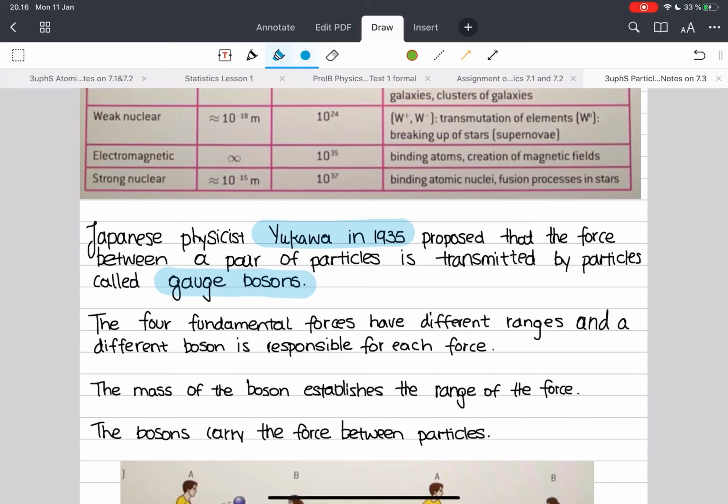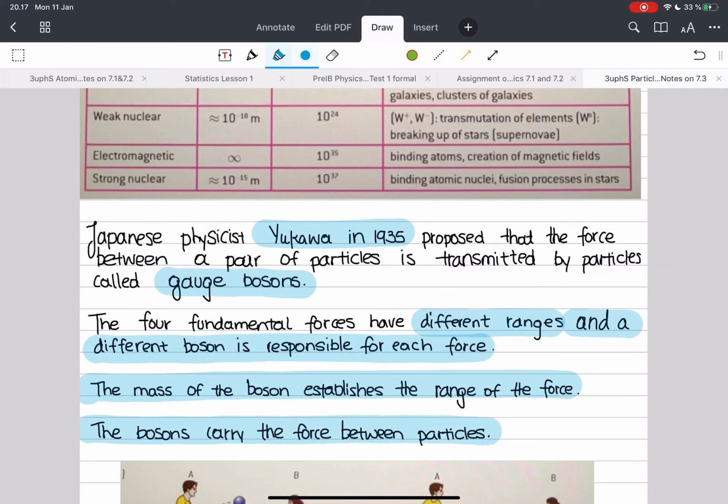So the four fundamental forces have different ranges, as we saw before, and a different boson is responsible for each force. In order to have a force going on, you need the transmission of those gauge bosons. The mass of the boson particles establishes the range of the force, and the bosons carry the force between the particles.